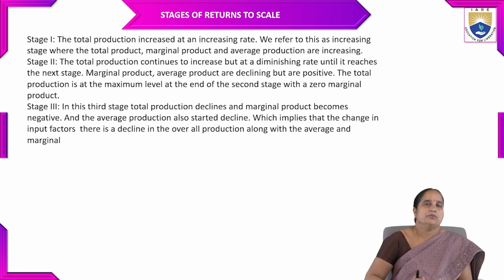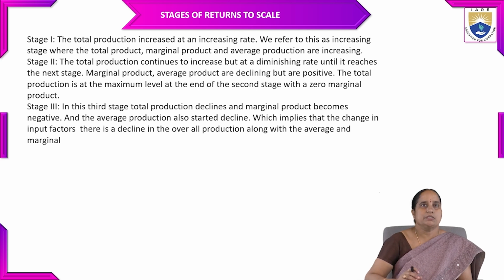Stage 1, the total production increases at an increasing rate. So we refer to this as the increasing stage, where the total output, marginal product and average production are increasing. Coming to the second stage, the total production continues to increase but at a diminishing rate until it reaches the next stage. So marginal product and average product are declining but they are positive.